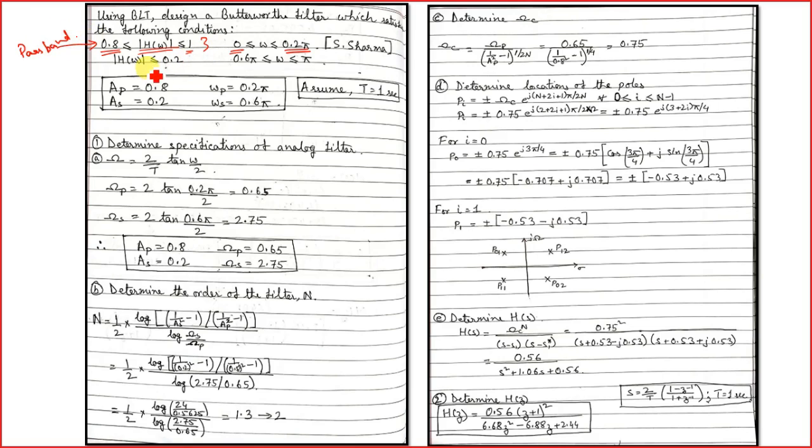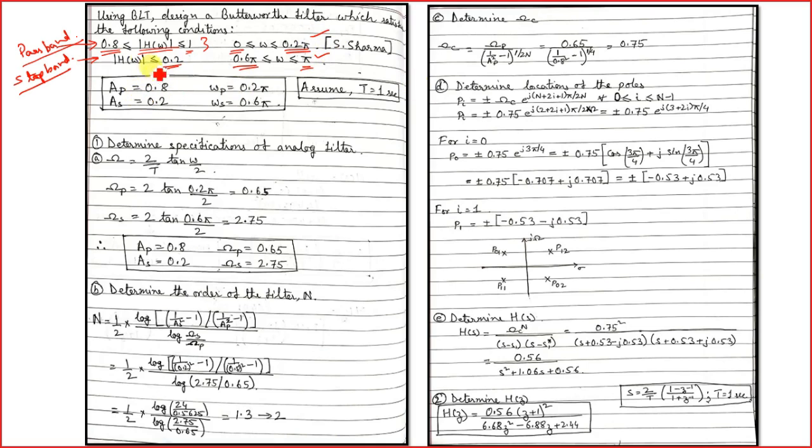Okay, and another value is given, modulus of H of omega is less than or equal to 0.2 in the region of 0.6 pi to pi. So that means its value is much smaller than 1. That means it is the stop band. Okay, so first one is the pass band, the second one is the stop band.